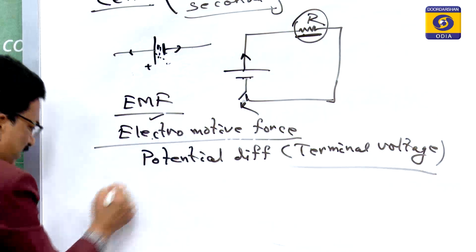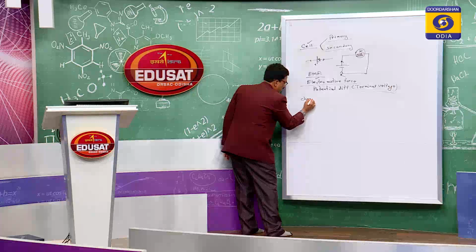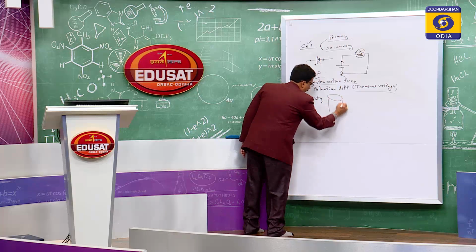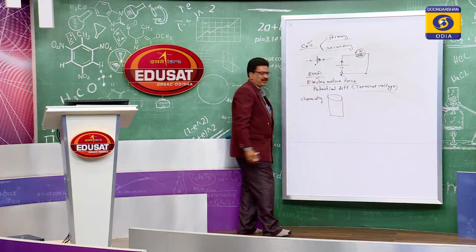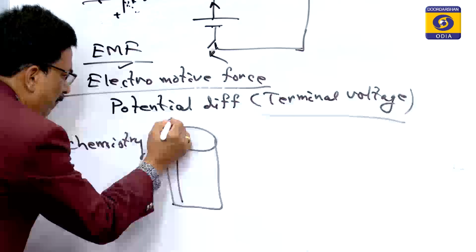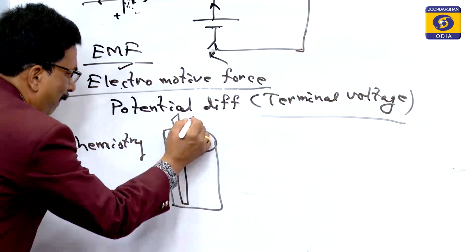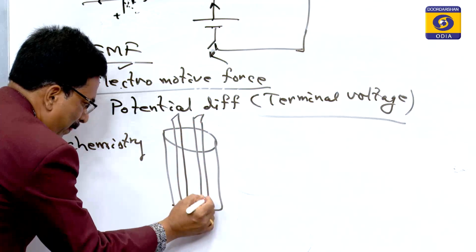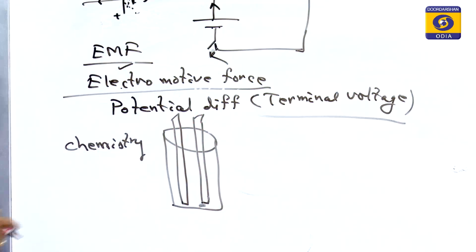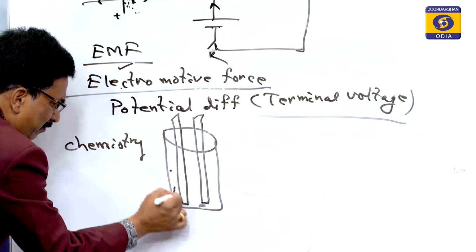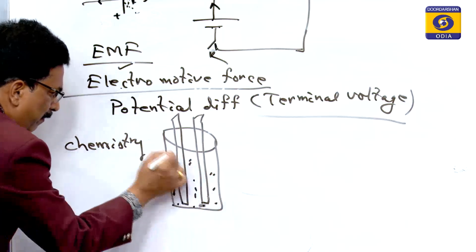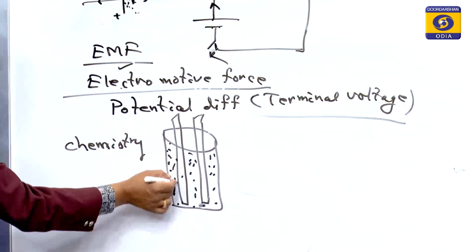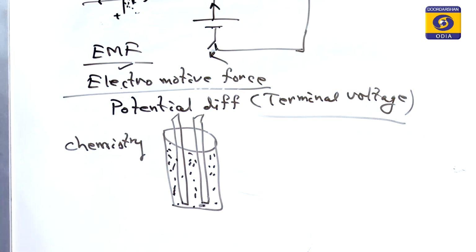Means if we go for its chemistry, suppose what is its chemistry? Let us say this is a container, and these are the two electrodes, and this container is supplied with some solution, that is known as the electrolyte.